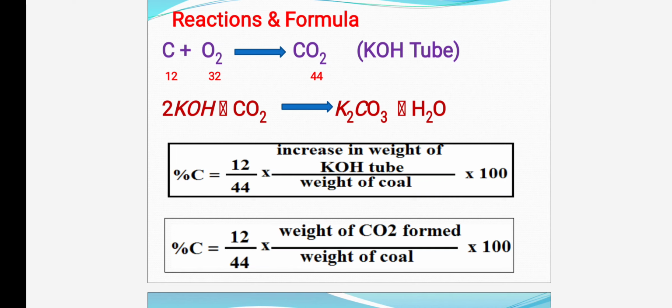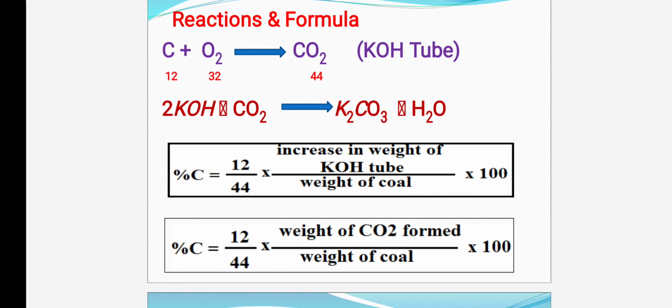H2O would be produced as a byproduct, and that H2O would mix with the H2O vapor, and you would not get a proper calculation for percent hydrogen, as the H2O produced from this reaction would mix with the H2O vapor and then enter the second U-tube containing CaCl2. So in order to avoid this, we first take the CaCl2 U-tube and then the KOH U-tube.